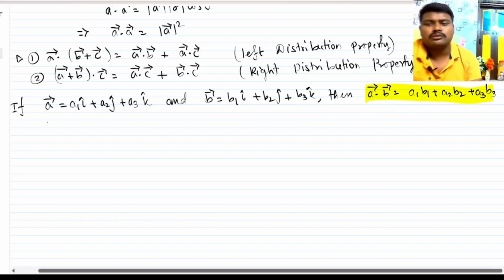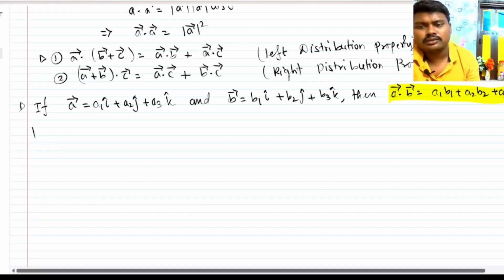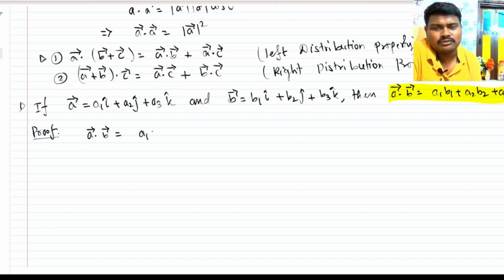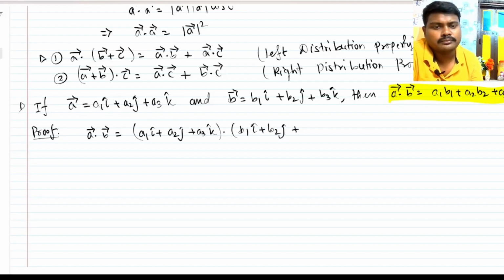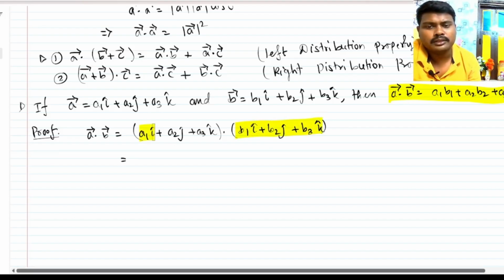Now we can easily prove this formula. A dot B means a1 I cap plus a2 j cap plus a3 k cap dot b1 I cap plus b2 j cap plus b3 k cap. Now we first multiply this whole expression by a1 I cap.